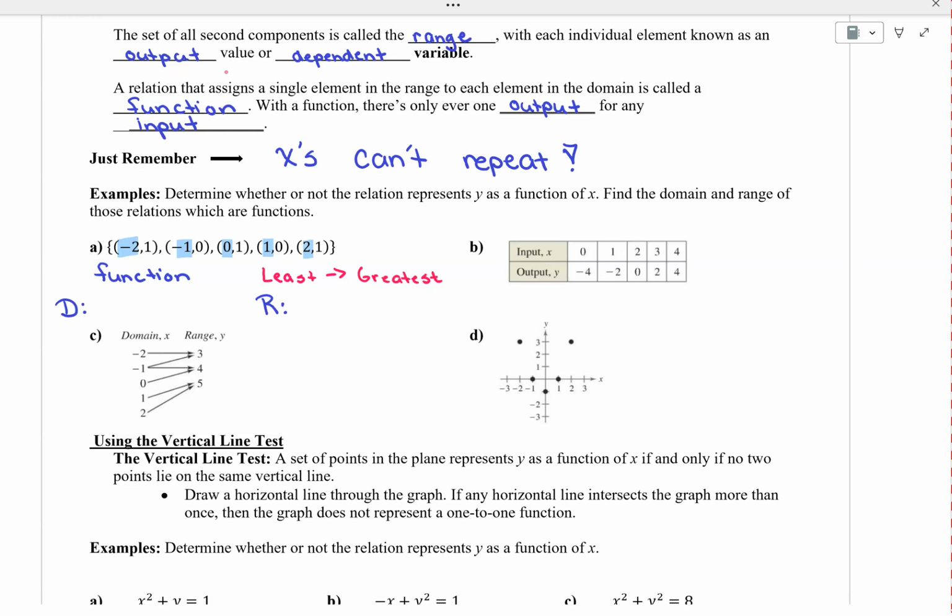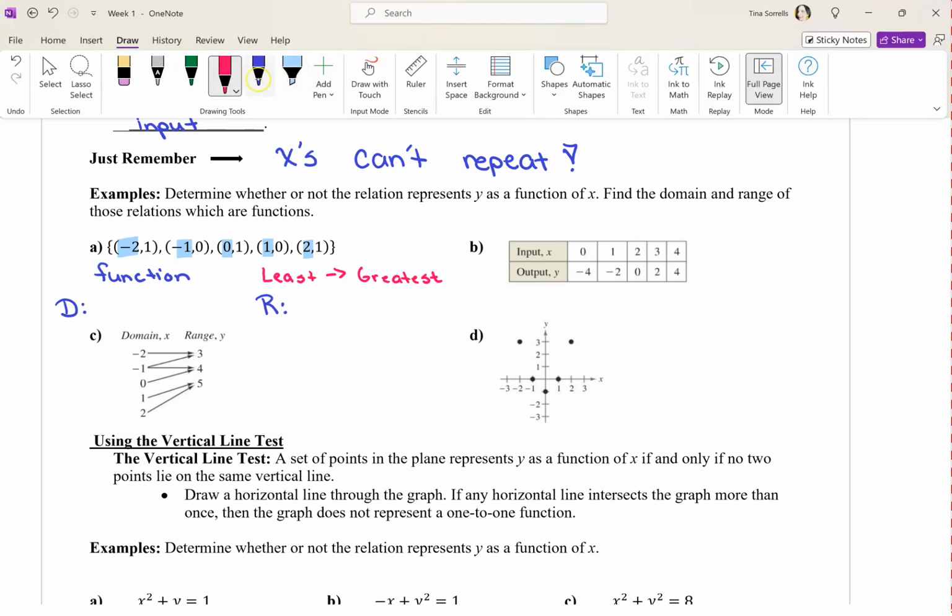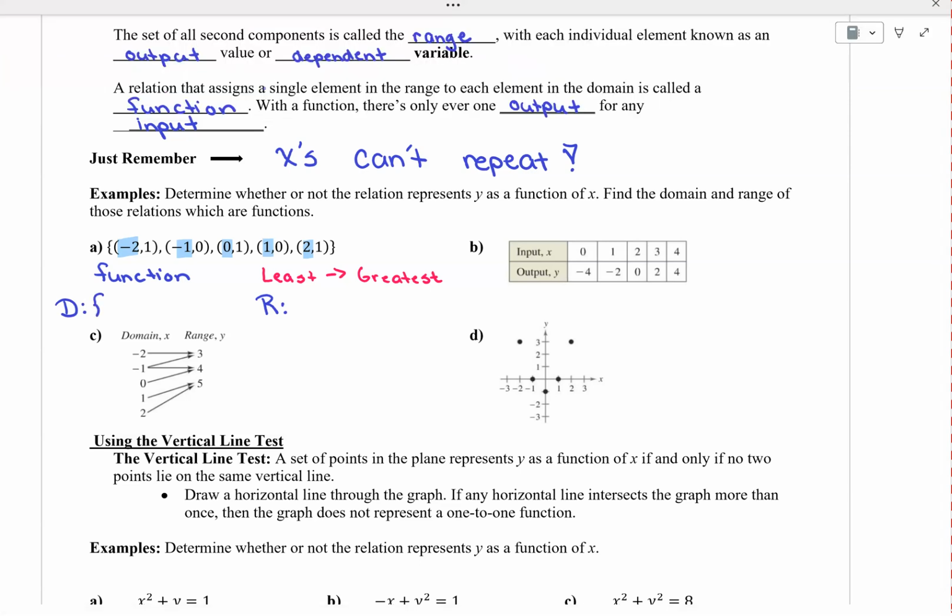If we look at all the ones that I highlighted, because those are our domains, if you look at it from left to right, it's already written in from least to greatest. So I want to use a squiggly bracket. Do not use a parenthesis or a bracket, because those mean something else, and then I am going to list those.